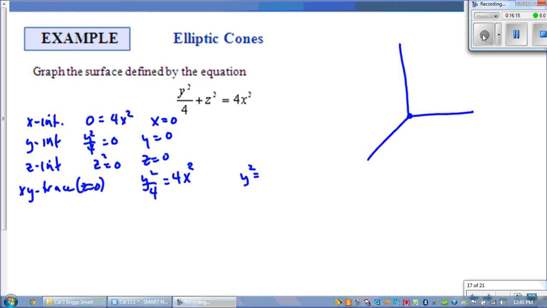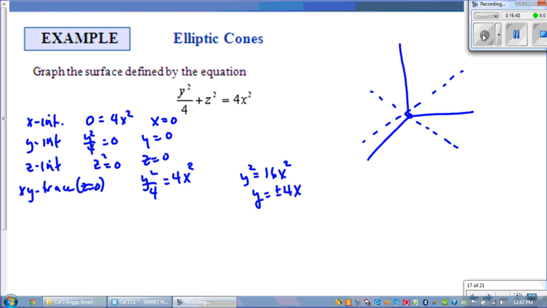It's not a line, it's two lines. So this would be y equal plus or minus 4 times x. So in the xy plane, you have two lines, y equal 4x and y equal minus 4x.